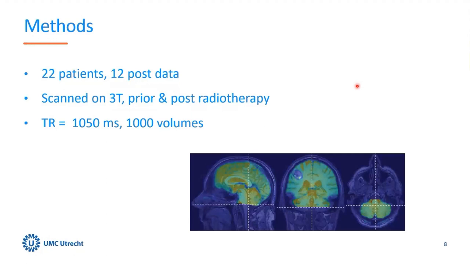The planning of the BOLD data was aimed to cover the full brain. That meant that in some cases, the fourth ventricle was included in the lower slices of the BOLD volume. And this was very convenient for us because this meant that we could image the CSF flow as well in those cases.